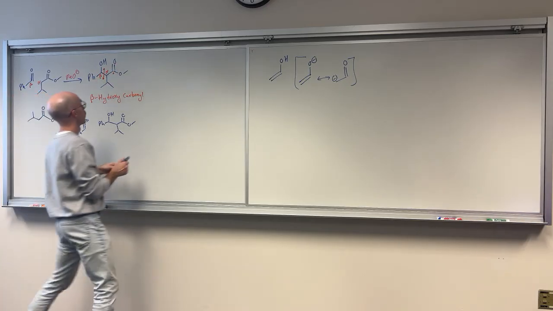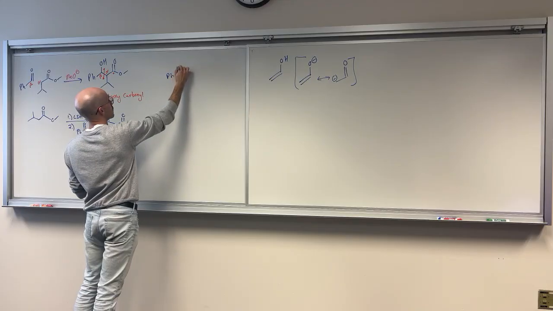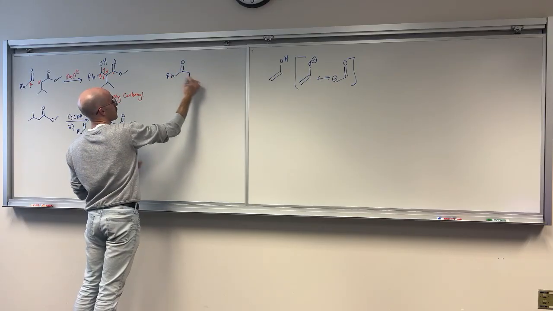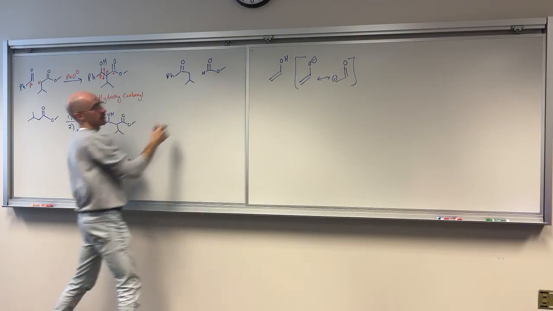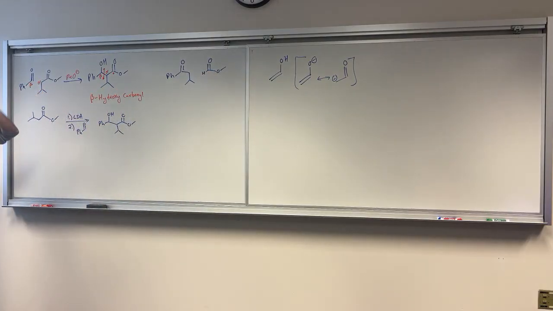I think what you're asking was, could I break this so that I have this ketone and this methyl formate, formic acid, ants, formate?